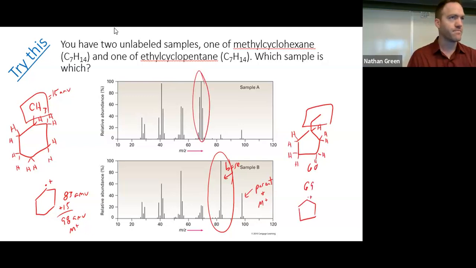If I lose an ethyl group from this molecule, I end up with a peak at 69. That's pretty substantial. So I'm looking at the pieces of this molecule that blew apart and making a determination about what was there originally. So ethyl cyclopentane is here. Methyl cyclohexane is there.